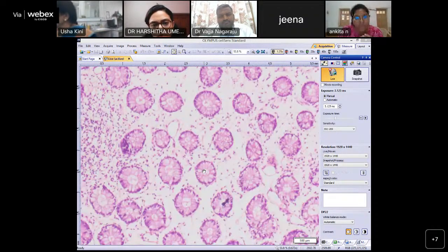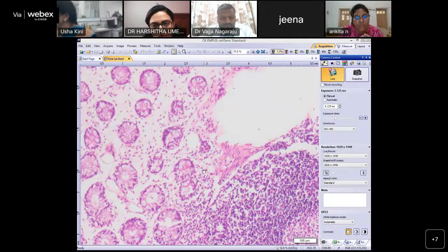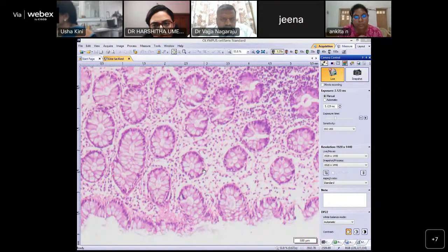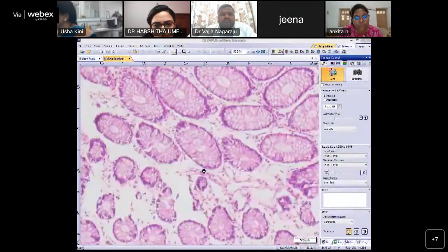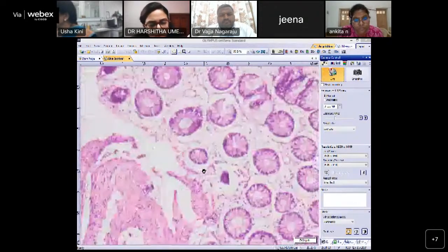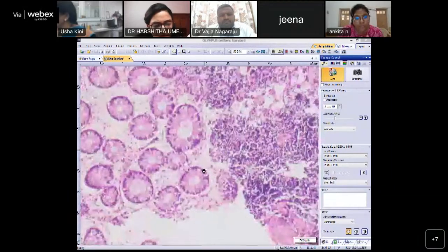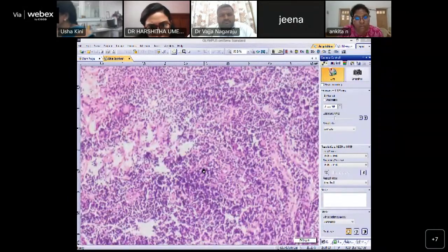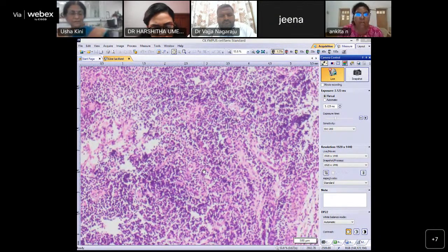Now, can you conclude anything on this biopsy? You have your mucosa with the crypt architecture well maintained, but you see that lymphoid aggregates are quite prominent. And here is another granuloma. If you look carefully, here is your granuloma.